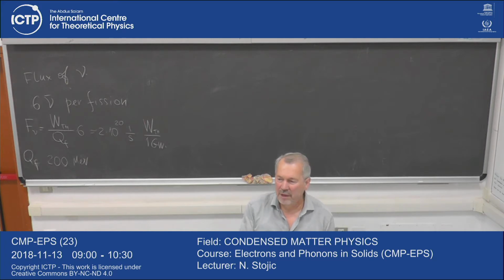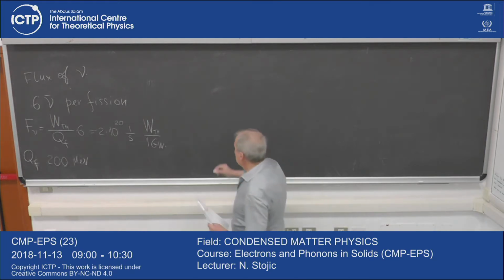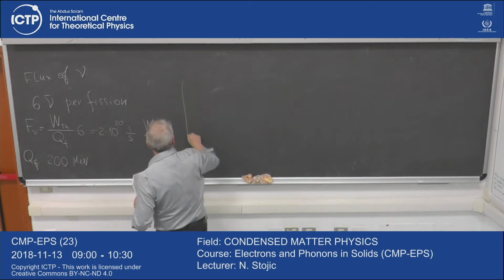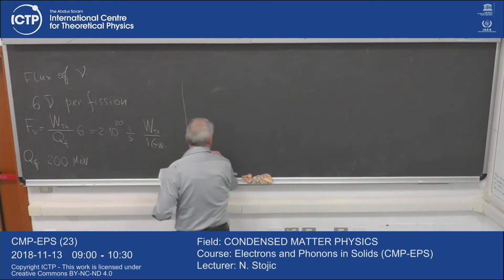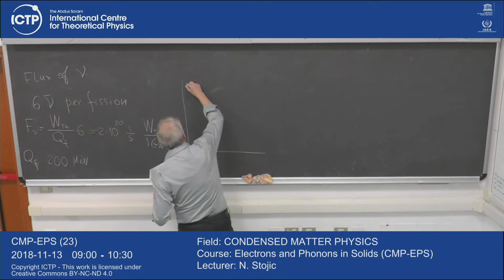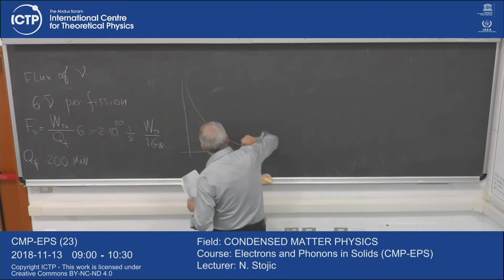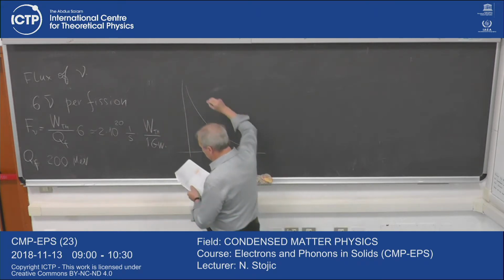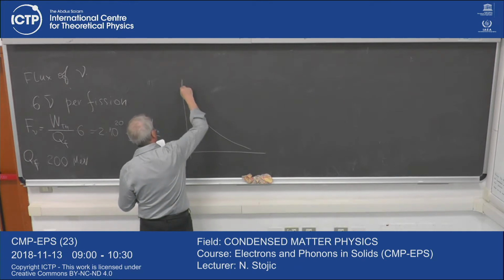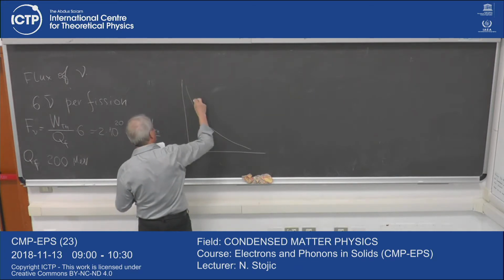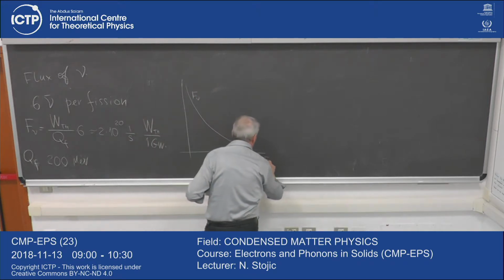A huge number of different isotopes are involved, and you also need to compute the weight of the different isotopes. The spectrum has a typical shape of this type. It's a decreasing spectrum. So let me put here different quantities. This is the flux of neutrinos as a function of neutrino energy.